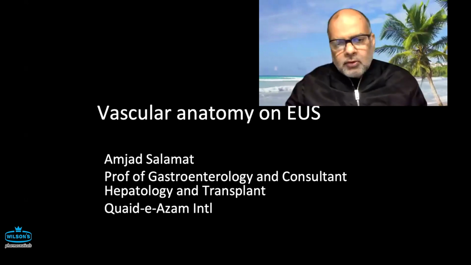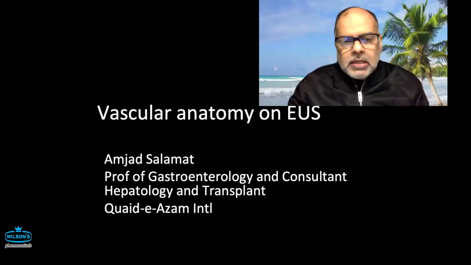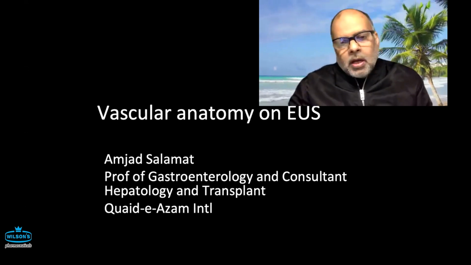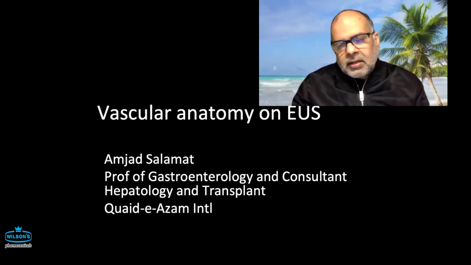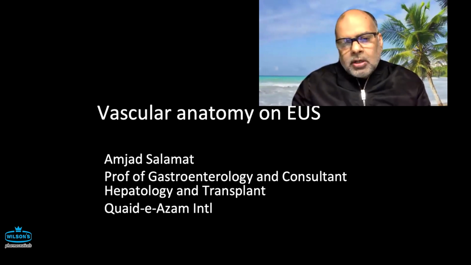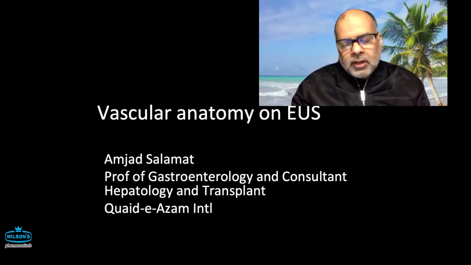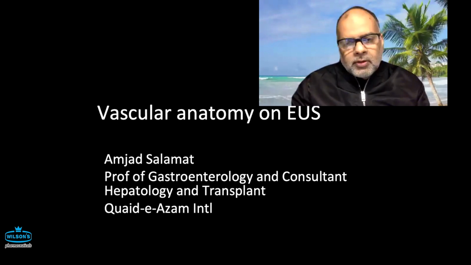The task given to me was basically the EUS linear anatomy of the mediastinum. Now, why I have modified it a little bit, putting in vascular anatomy on the EUS, is because vessels are the key to everything on EUS. Lesion recognition comes with a little bit of time and experience.